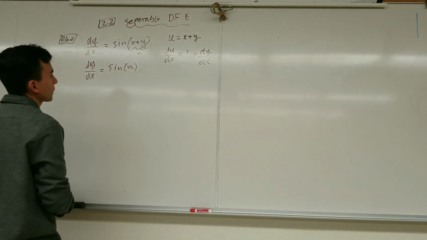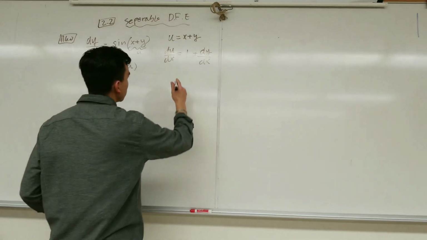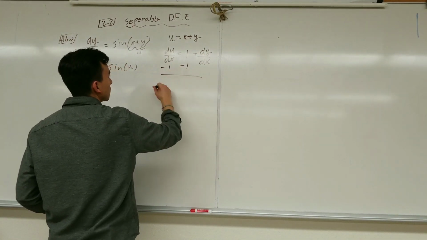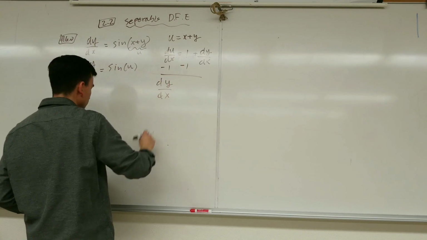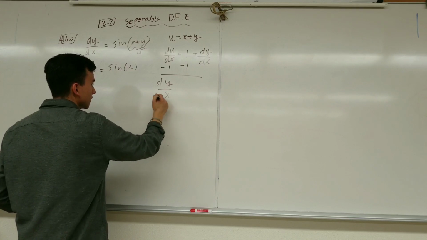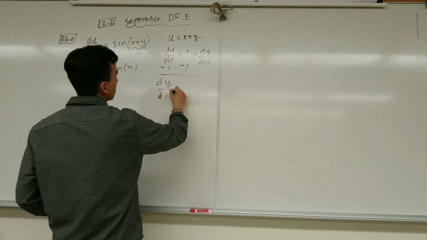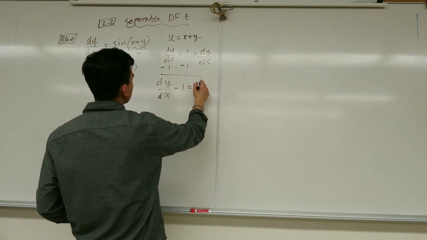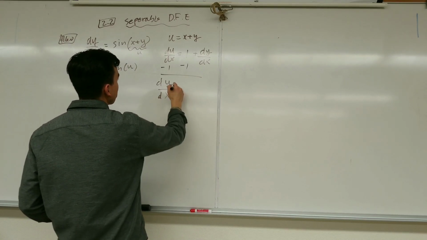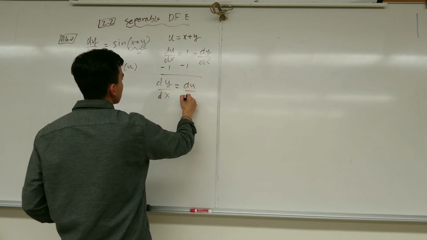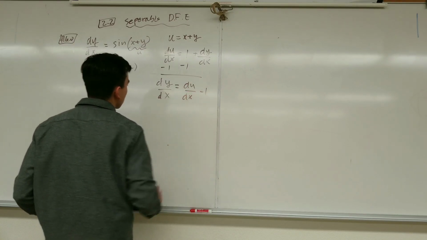Okay? Now we got to solve for dy dx. Just like last problem, dy dx is equal to du dx minus 1.